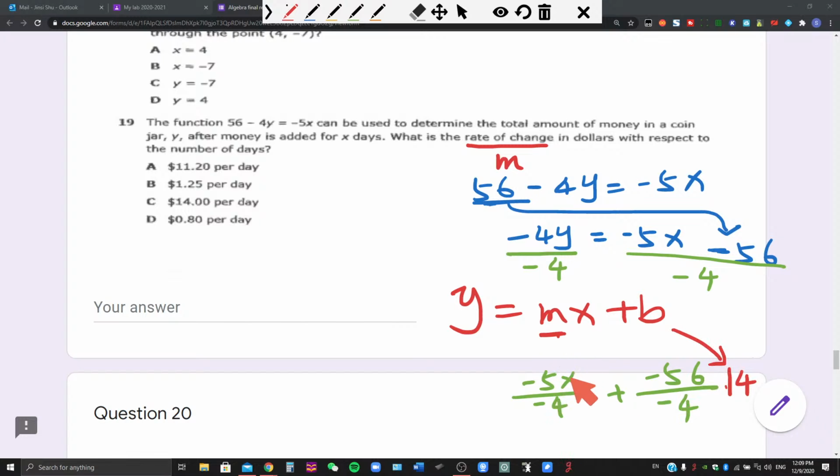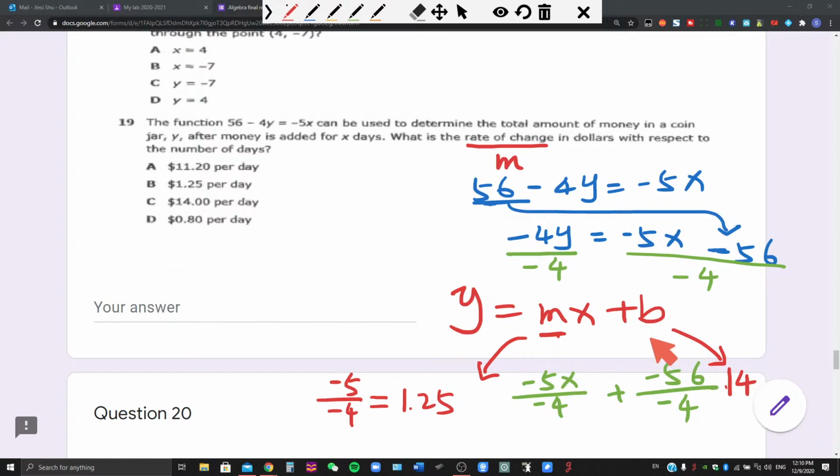Now what is M? M is negative 5 divided by negative 4. Remember, we don't need X because this is mx, so we only need the number part. Negative 5 divided by negative 4. If you use your calculator, it will tell you this is 1.25. So M is 1.25. B is 14.